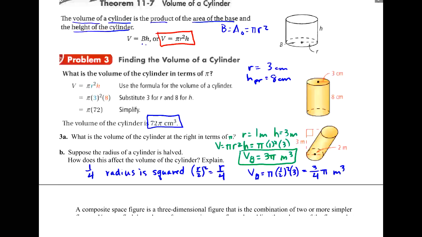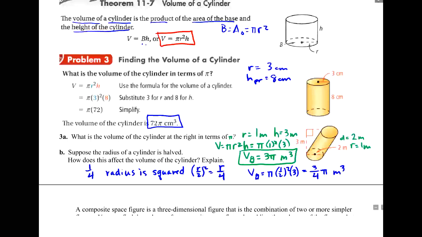All right, these are pretty easy. What is the volume of the cylinder in terms of, that should say pi. So we know the radius is 1 meter, because we were given the diameter. We were given the diameter equals 2 meters, so we know the radius is just 1 meter.